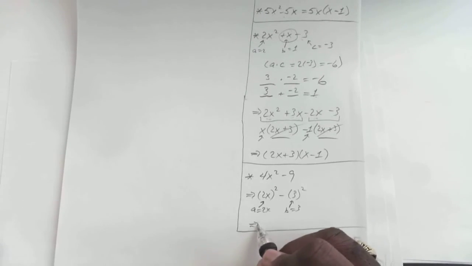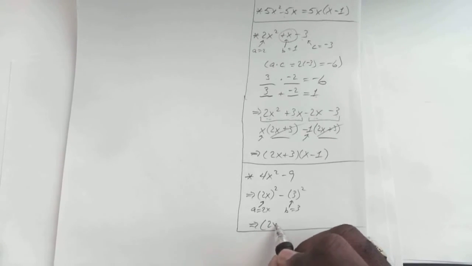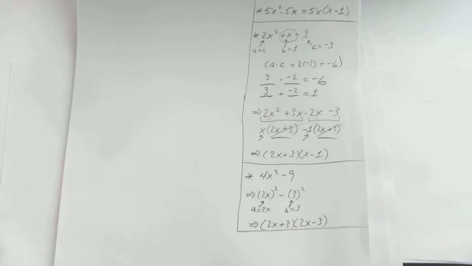So that means this can factor to become a plus b times a minus b. So that's 2x plus 3 times 2x minus 3. Okay, so we factored all four of our numerators and denominators.